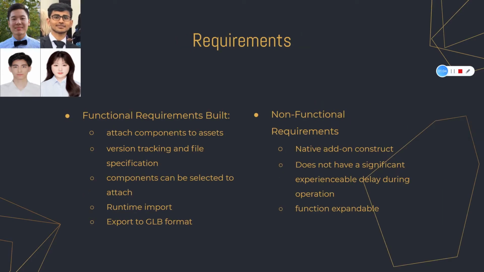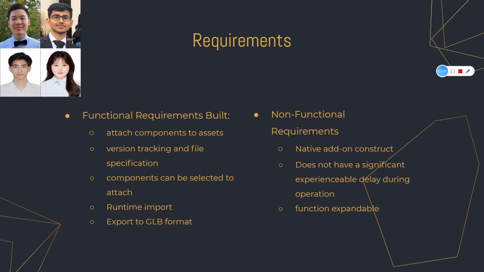The requirements for a project mainly contain two parts, functional and non-functional. The functional requirements ensure that the software works and can perform all tasks required. The non-functional requirements ensure that the software is user-friendly and won't have any negative impact on the workflow.